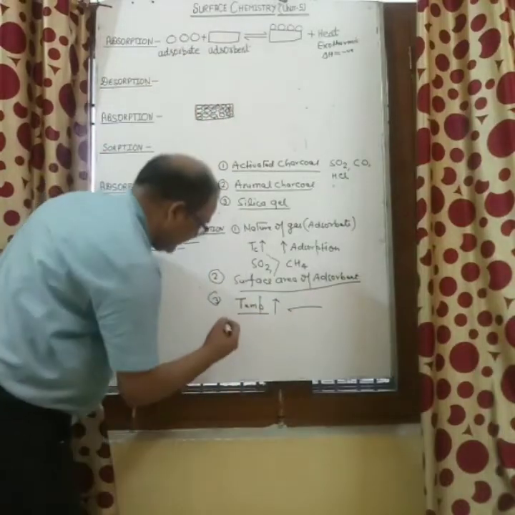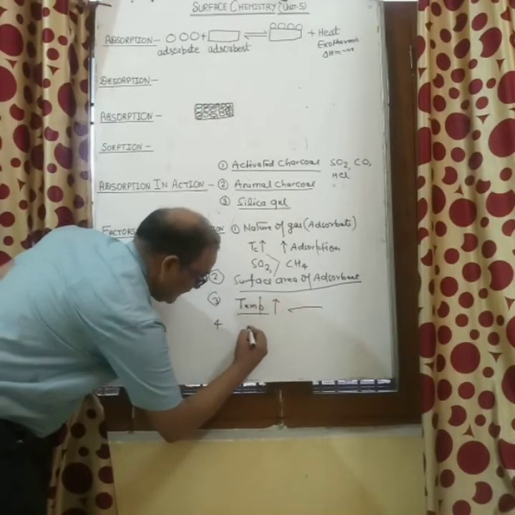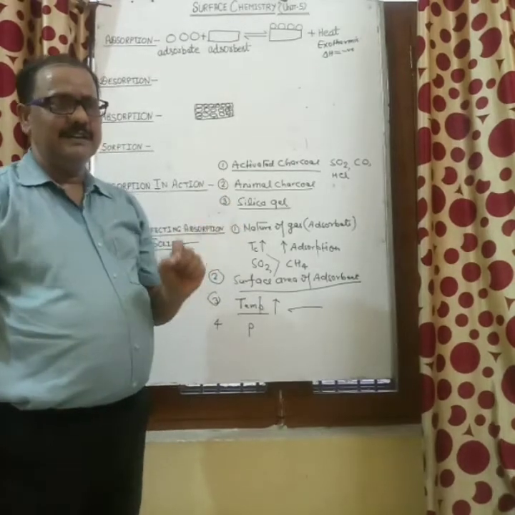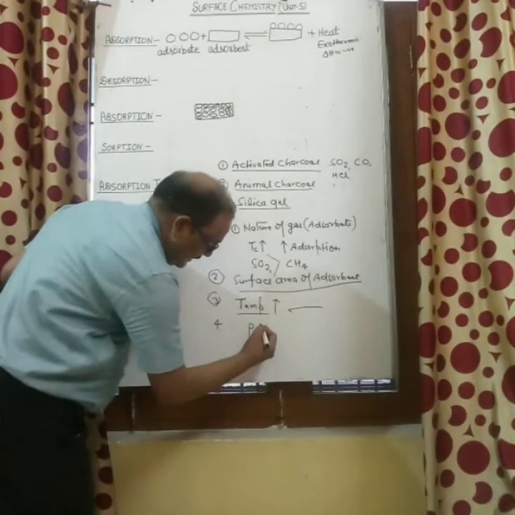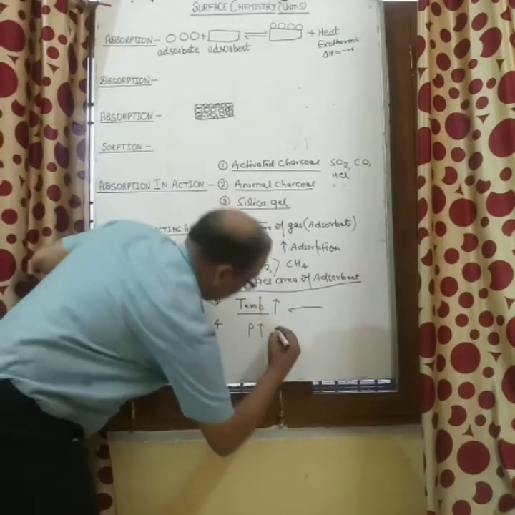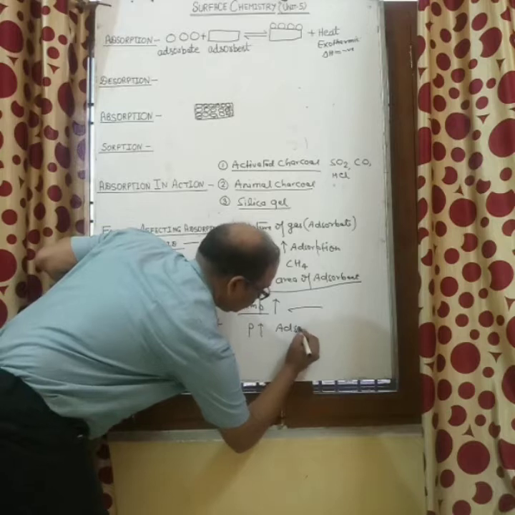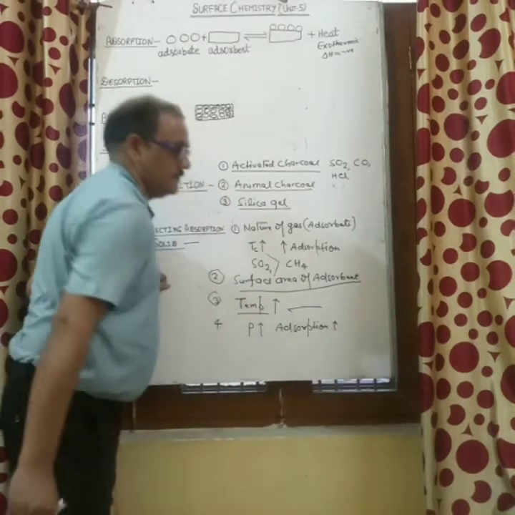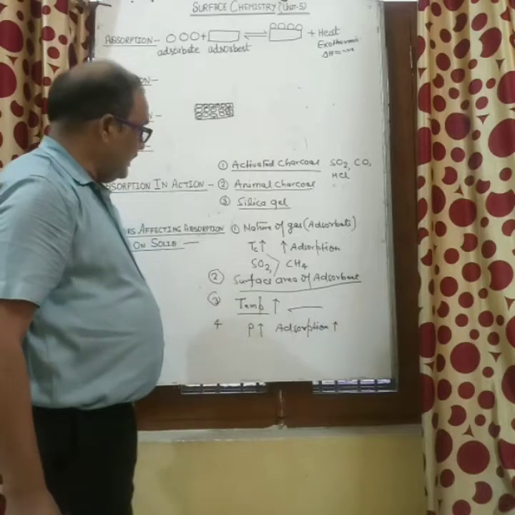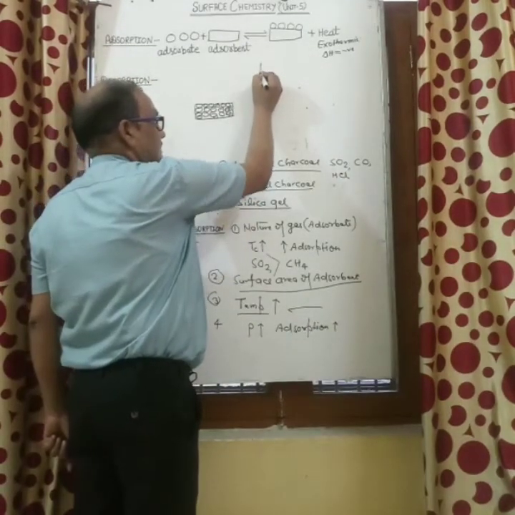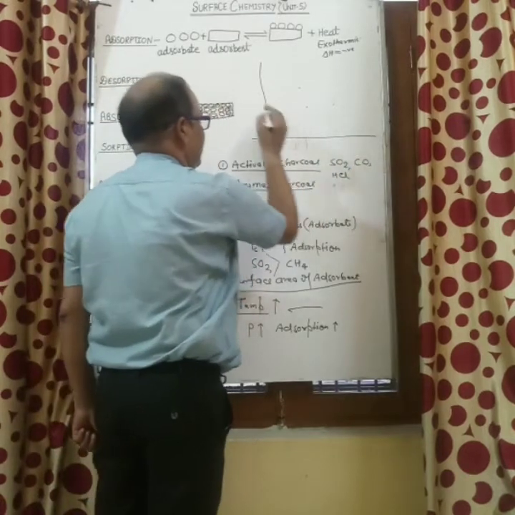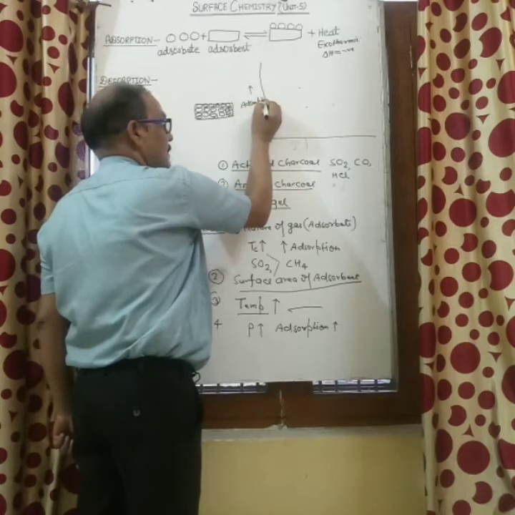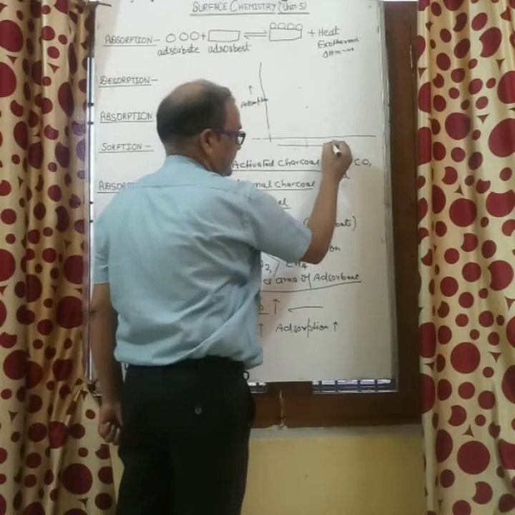Okay, and the next factor is pressure. Next factor is pressure, and usually on increasing the pressure, the extent of adsorption increases, but it can be easily explained on the basis of the graph between adsorption and pressure.